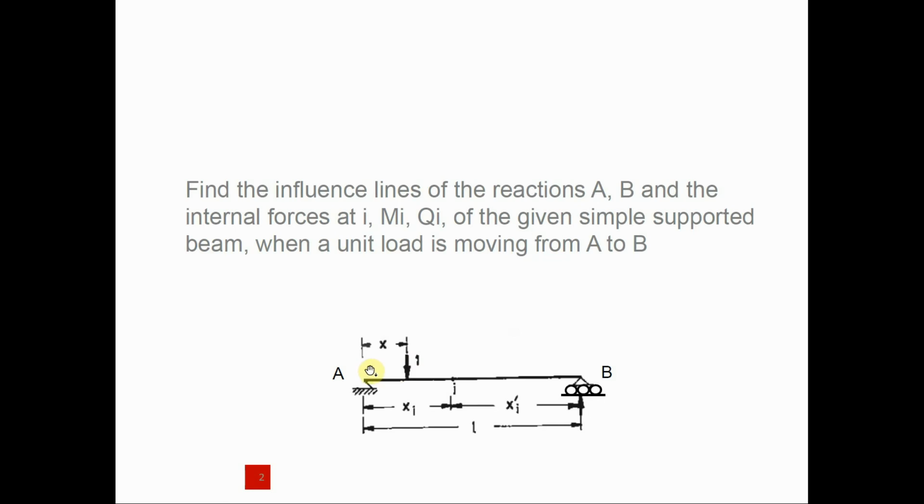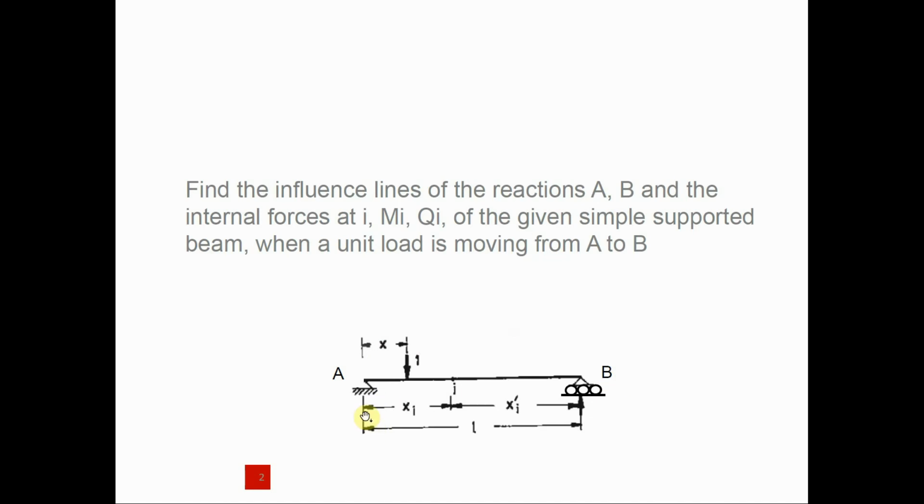But because we want to look at the way the member will react as the load travels along this section, we will be using S to denote the distance covered at every point in time.